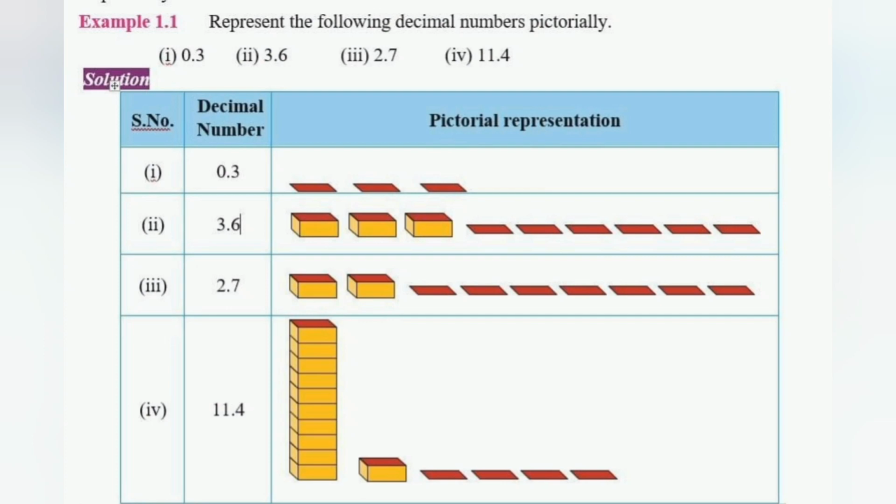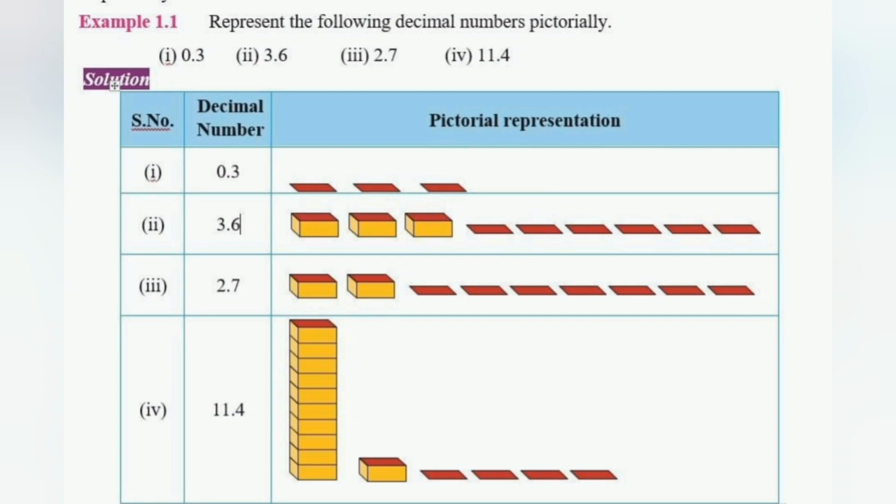The last one, 11.4. How is it 11.4? Let's see. One full block column is there, that we denote for the tens place. So 1 tens place, and one block is there, that denotes the ones place. Next you have 4 square sheets, which is 4 tenths.